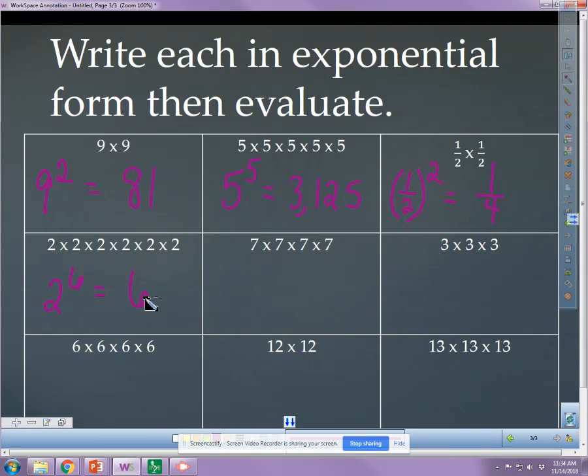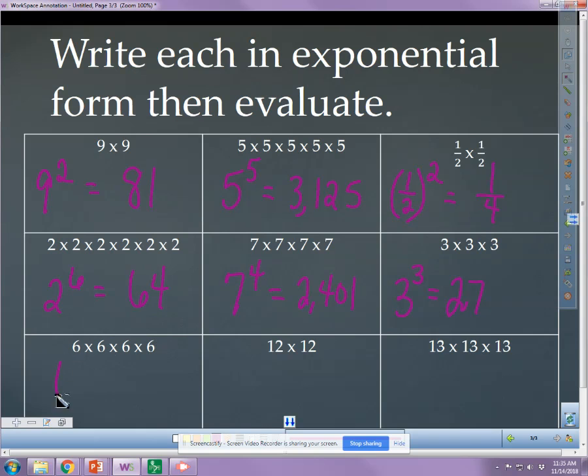And that equals 64. Number 5 would be 7 to the 4th power, which is equal to 2,401. Number 6 would be 3 cubed, which is 9, or excuse me, 27. 3 times 3 times 3.